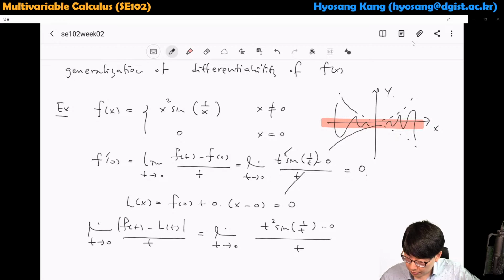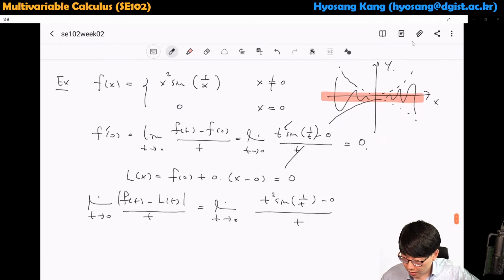So maybe this is not a good example, because if you want to define a linear approximation of single variable function, I should already know what the differential of the function is. Then it already assumes that there is a differential. It already assumes the differentiability of the single variable function.